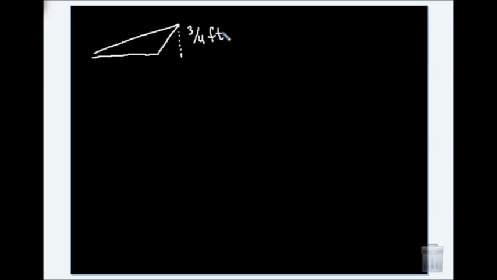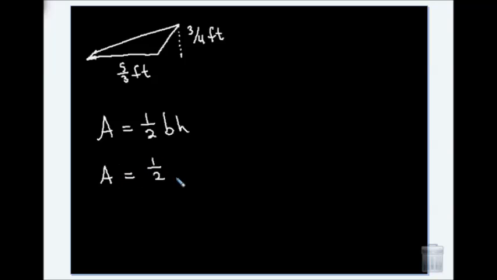And my base, terrible triangle drawer, is gonna be 5/3. And my area is still gonna be 1/2 the base times the height. Okay. My base is 5/3 and my height is 3/4.